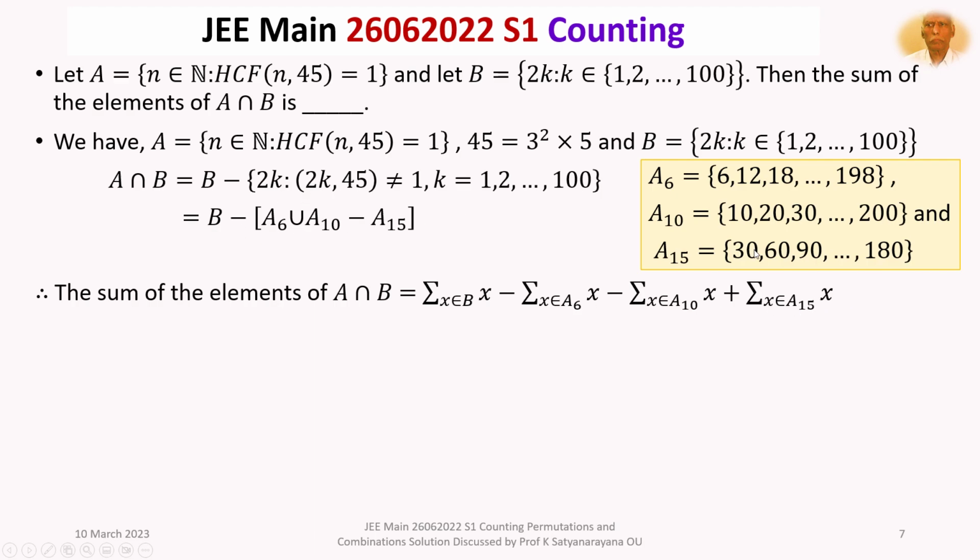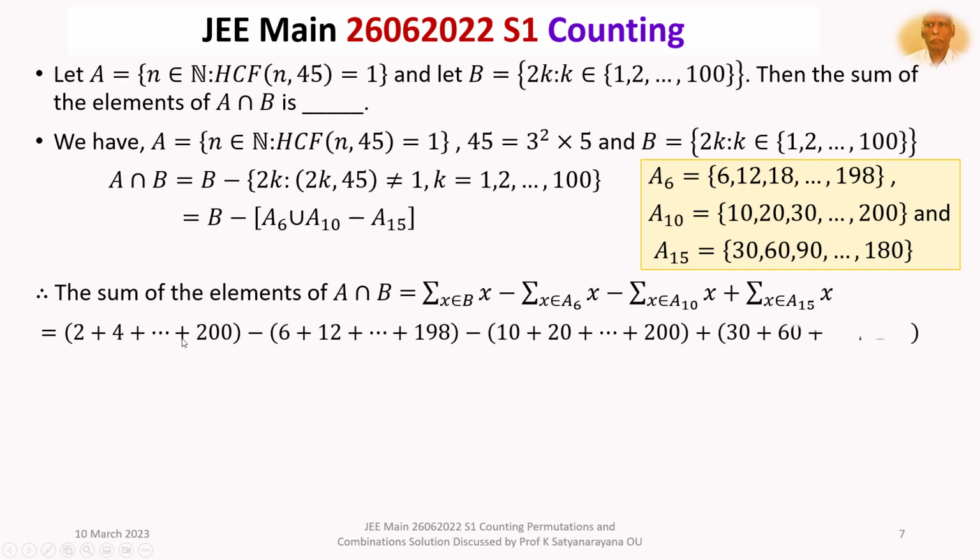The sum of the elements in B is 2 plus 4 plus up to 200, minus the sum of the elements of A6, which is 6 plus 12 plus etc. plus 198, minus the sum of the elements of A10, which is 10 plus 20 and so on plus 200, plus the sum of the elements in A15, that is 30 plus 60 plus etc. plus 180.